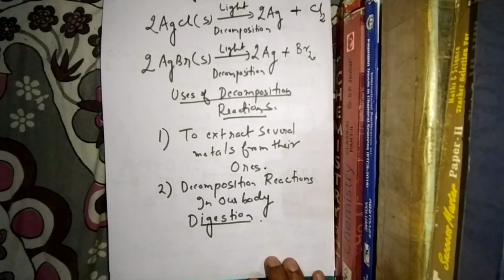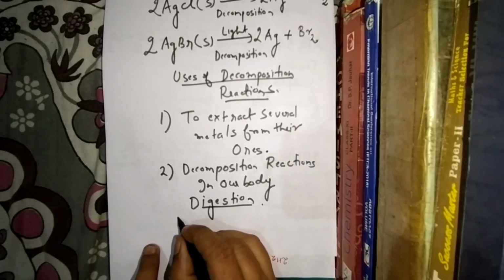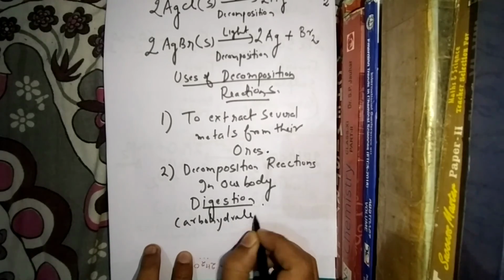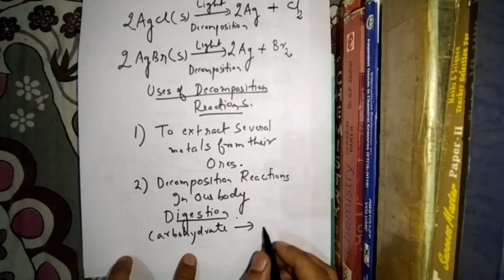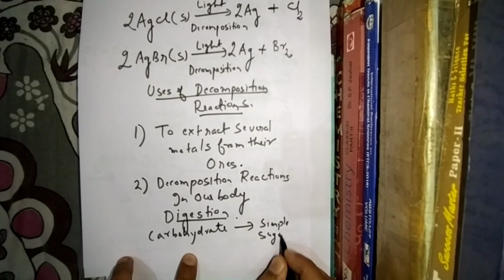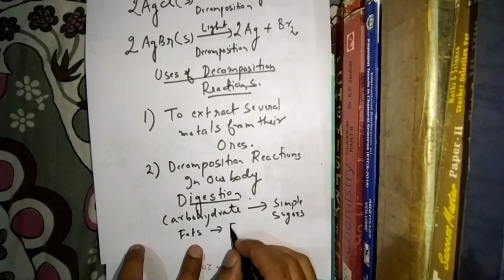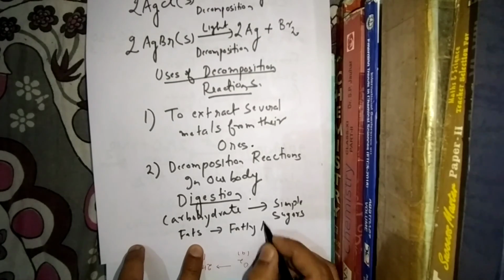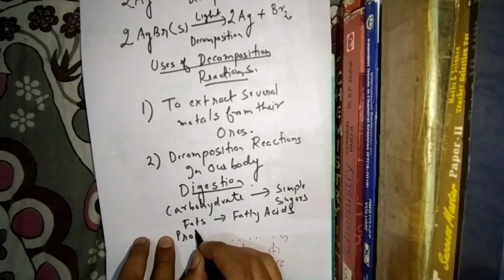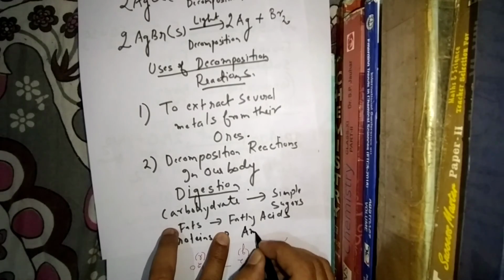Digestion आप पढ़ चुके हैं. तो digestion में जैसे कि आपका क्या होता है? कार्बोहाइड्रेट होता है, तो वो ब्रेक हो जाता है किस में? सिंपल शुगर्स में. फैट्स जो होते हैं वो कन्वर्ट हो जाते हैं फैटी एसिड्स में, और जो हमारे प्रोटीन्स हैं वो कन्वर्ट हो जाते हैं हमारे अमीनो एसिड्स में.